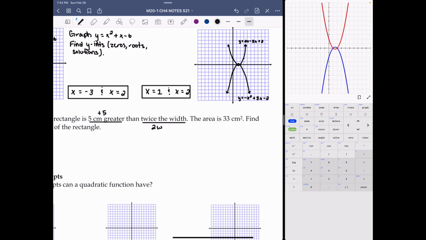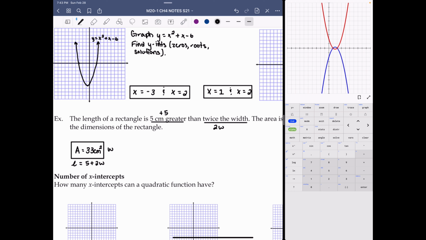And then it says find the dimensions of the rectangle. So we need an equation. We have area equals length times width. Area is 33, so 33 equals length times width. But I can't solve this if I have two variables.